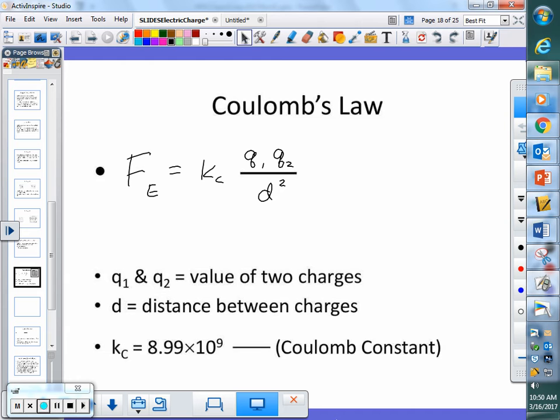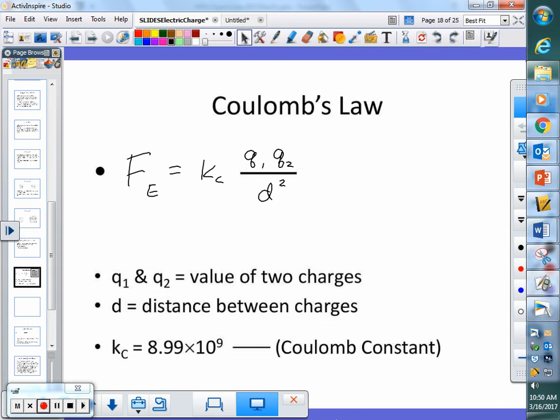And it's the amount of force that two charged objects can apply to each other. So, I think you guys have this written down in your outline, right? Let's talk about what the different parts are. First, Q1 and Q2. That is the amount of charge that the two objects we're talking about have. Okay?